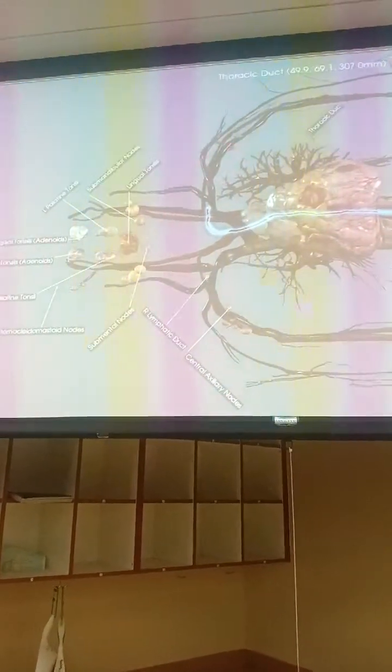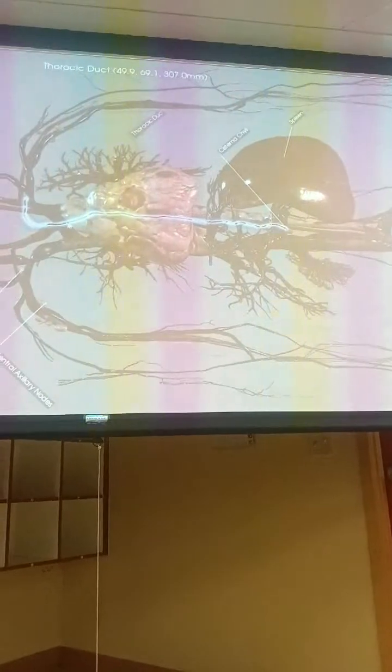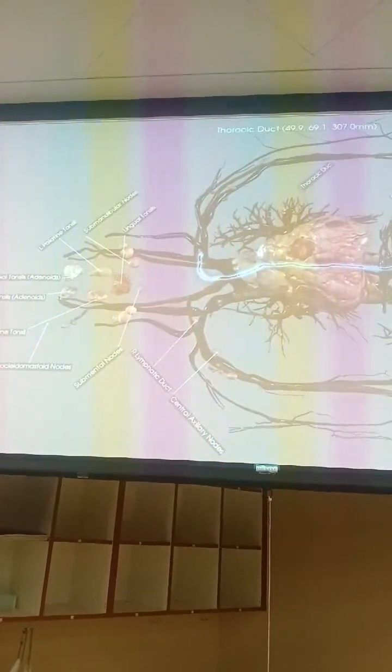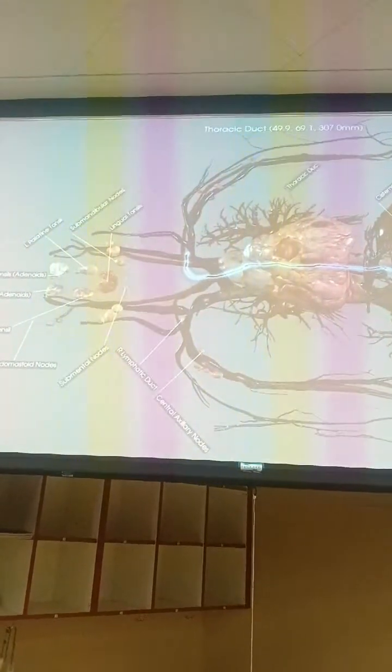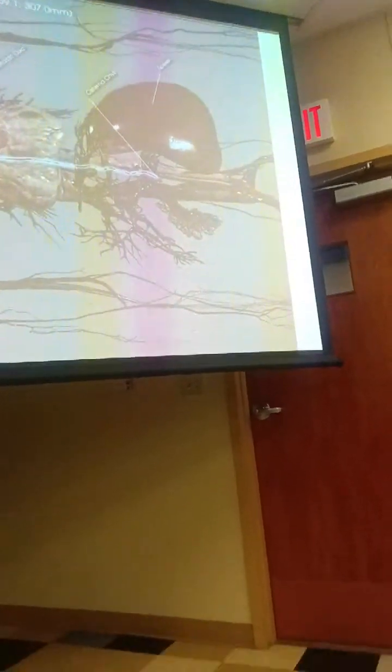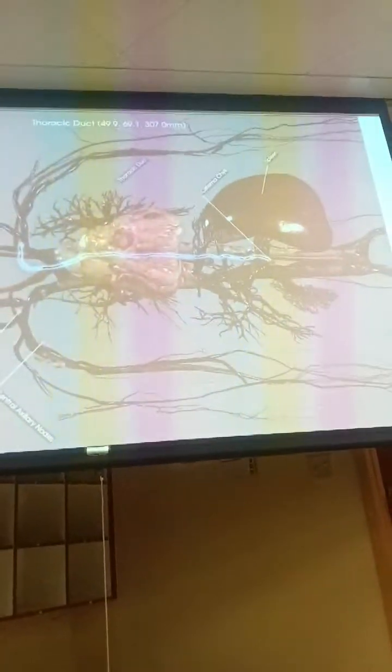So cisterna chyli, joining into the thoracic duct, into the junction between the internal jugular and the subclavian. And there's our different tonsils, so lingual, palatine, and your adenoids or pharyngeal tonsils. And then our scattering of different lymph nodes, making kind of a necklace around this.